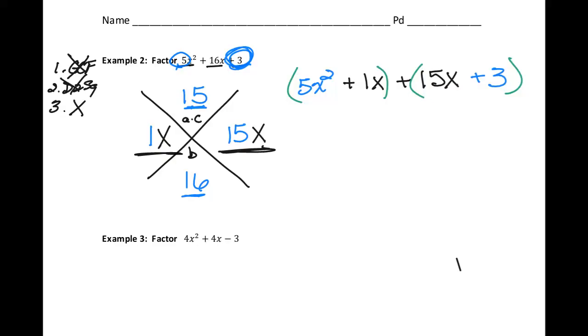Think to yourself, what's my greatest common factor? Don't say it. Is everybody thinking it? Crystal, what do you think it is? What do they both have in common there? Just this first one. What do they both have? An x. So factor out an x, right? And when you take that x and divide it out, what do you have left from this first term?